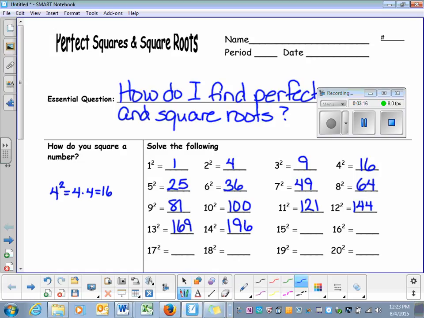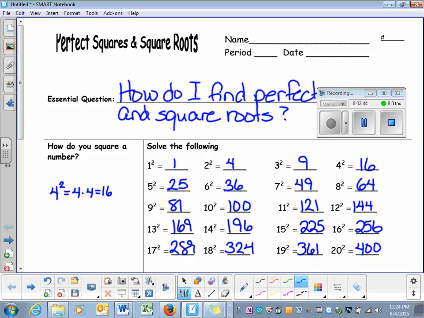All right, 15 squared, using my graphing calculator, is 225. 16 squared is 256. 17 squared is 289. 18 squared is 324. 19 squared is 361, and 20 squared is 400.